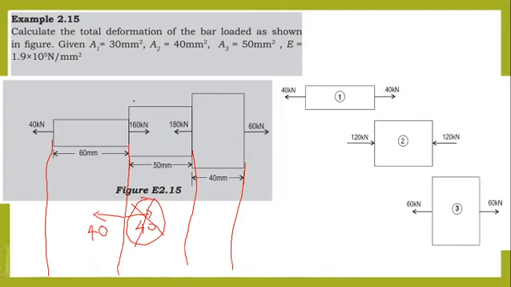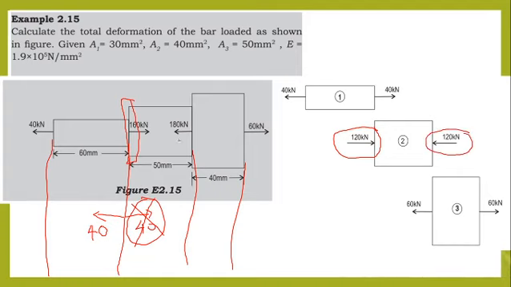When we analyze section 2, we have 40 kilonewton towards left and 160 kilonewton towards the right. So the net effect will be 120 kilonewton towards the right as the force on the section. So we'll add a 120 kilonewton force on the right. If 120 kilonewton acts on the left side, obviously it will have 120 kilonewton on the right side also.